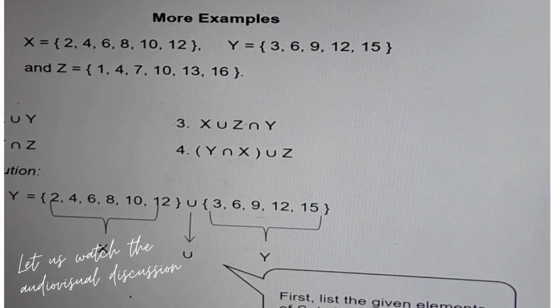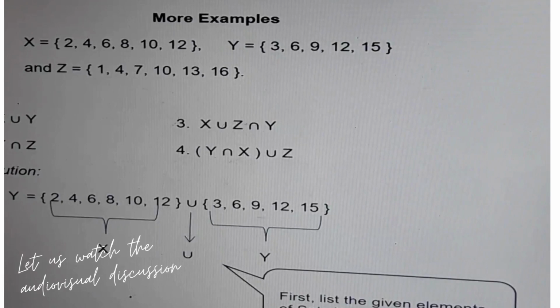Another example, comparing sets X, Y, and Z. X we have 2, 4, 6, 8, 10, 12 only, while in set Y we have 3, 6, 9, 12, 15 only, and Z, 1, 4, 7, 10, 13, 16. Now, if you are finding X union Y, what are the numbers involved?